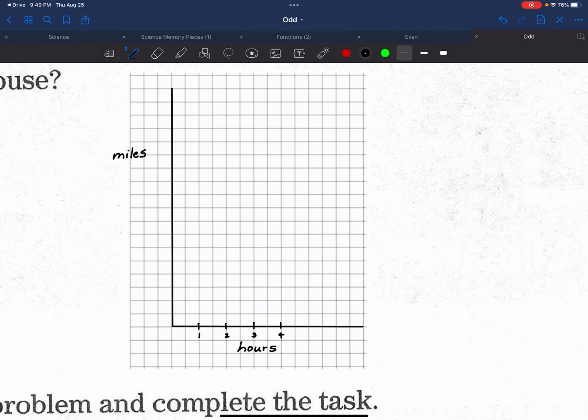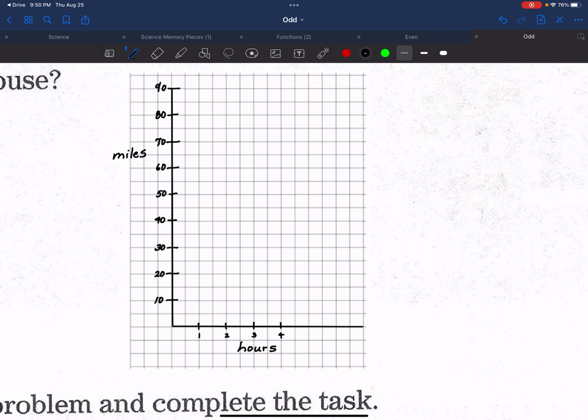I'm going to scale this one by, let me see how many I can get on here, tens. So here's 10 miles, 20 miles, 30 miles, 40 miles, 50, 60, 70, 80, 90.